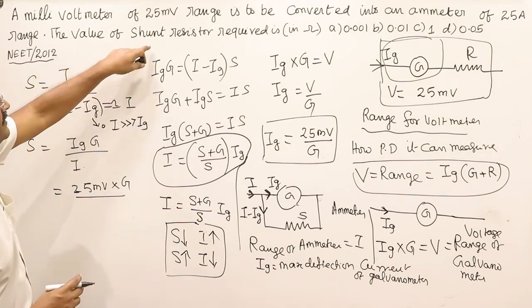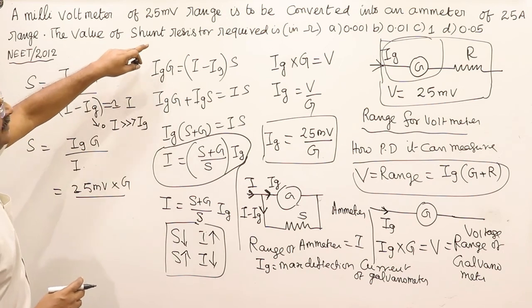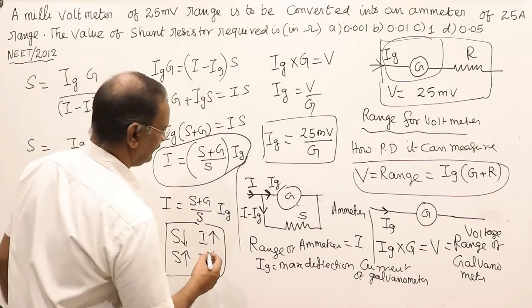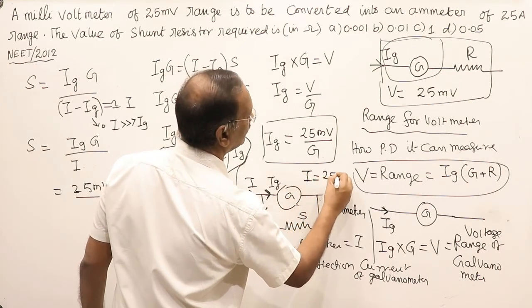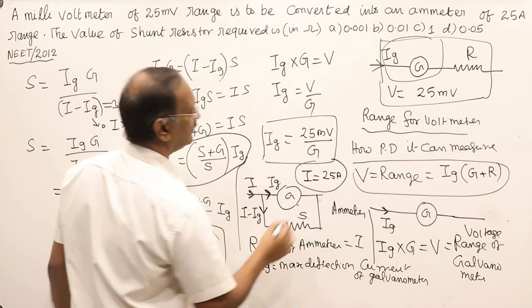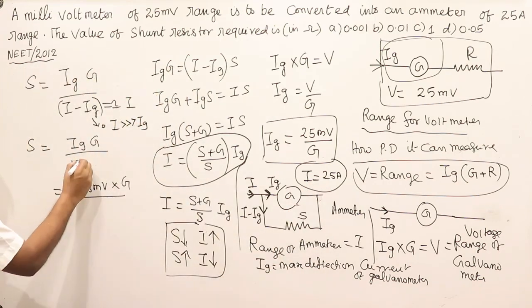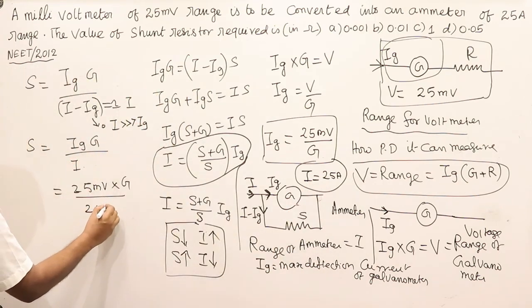It is the value of current required for the range of the ammeter. So the ammeter range means I is equal to 25 ampere.